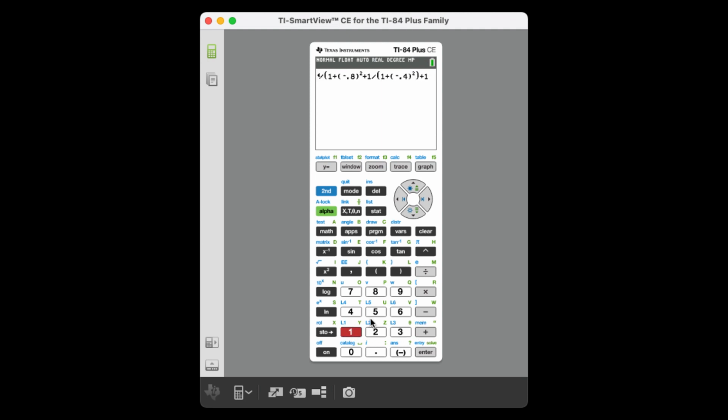Plus 1 divided by parentheses 1 plus 0 squared, close it, plus 1 divided by parentheses 1 plus 0.4, square that, plus 1 divided by parentheses 1 plus 0.8 squared, double close, times 0.4.